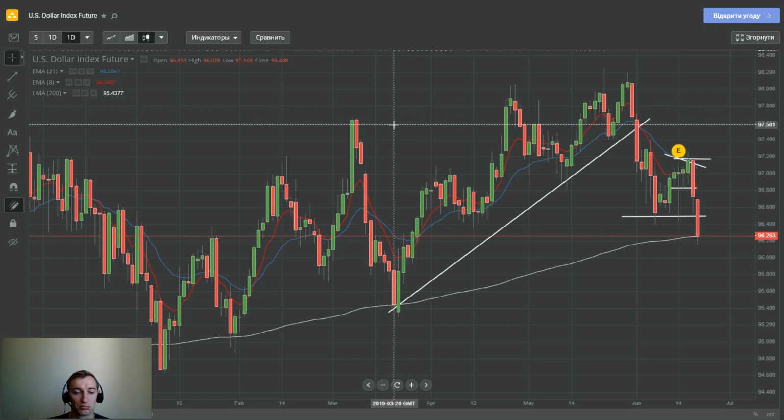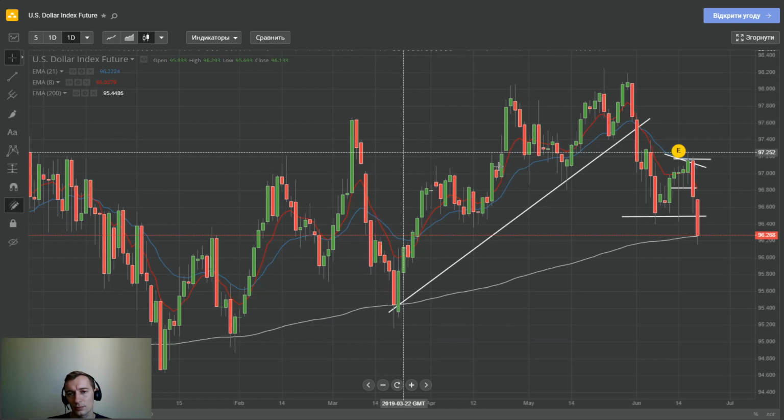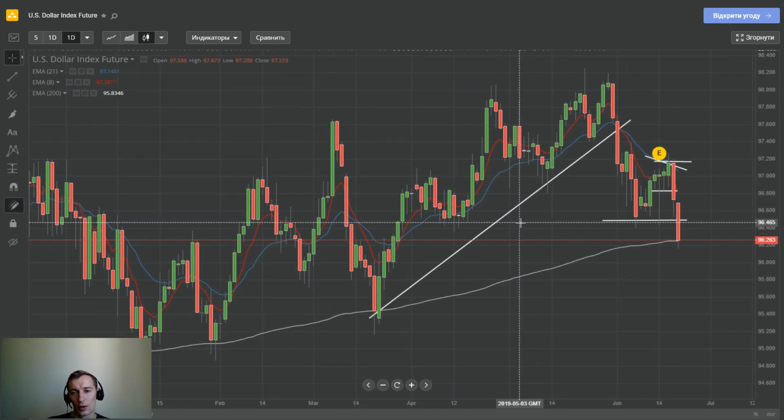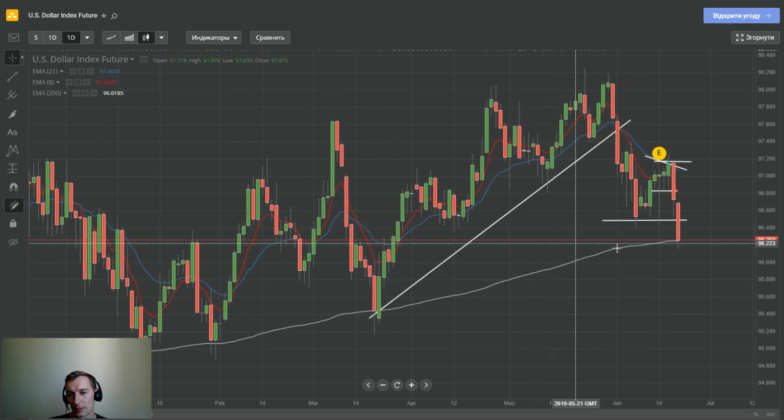Members of the central bank will meet, but investors don't expect any change of the rate, so we will see. So let's go straight to our charts for the best opportunities, for the best levels.